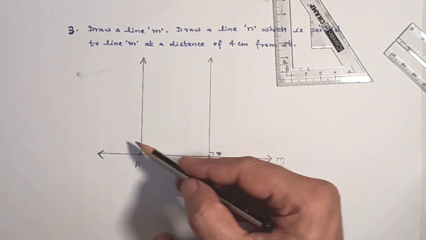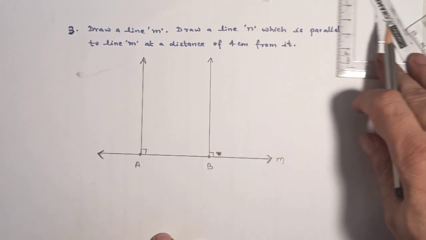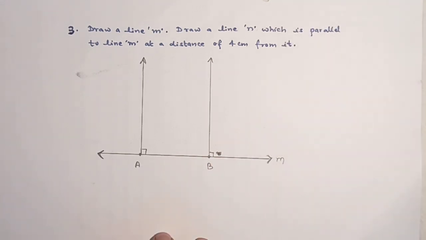So you have drawn two perpendiculars passing through point A and B respectively using set square.